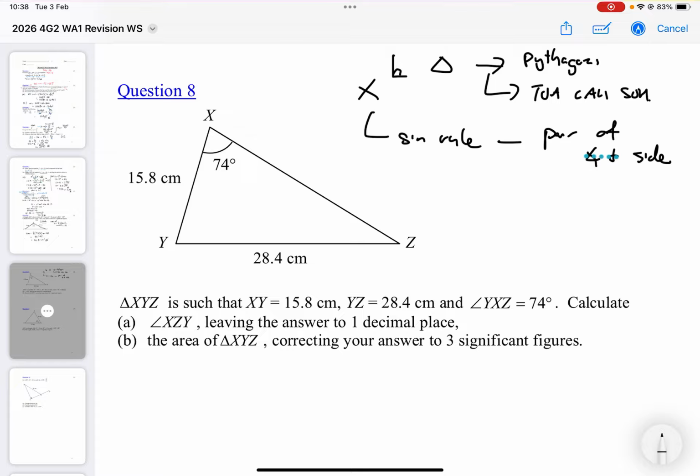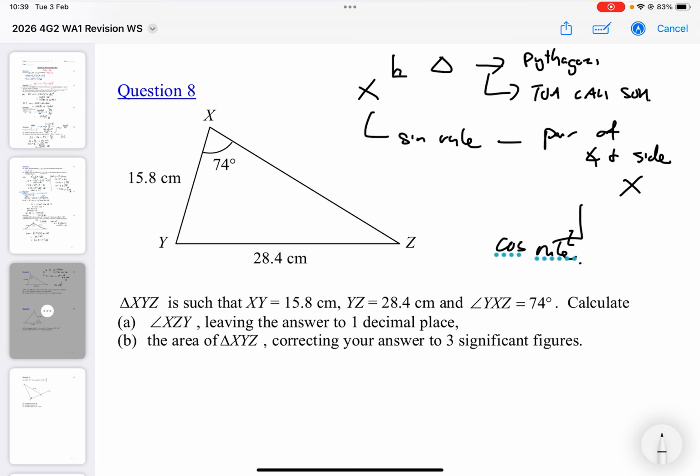If you don't have this, then we must think about cosine rule, because cosine rule is the most complicated one, although the formula is given. But if we can use right angle, we use right angle. No right angle, think of sine rule. Don't have a pair of angle and side, then we think cosine rule.